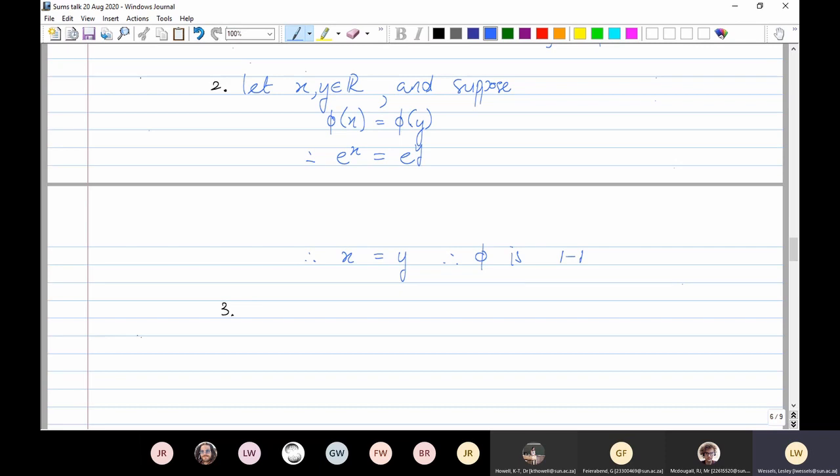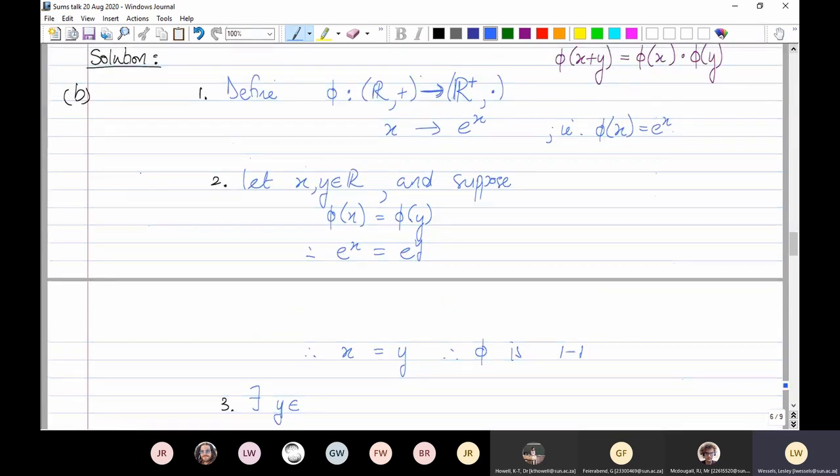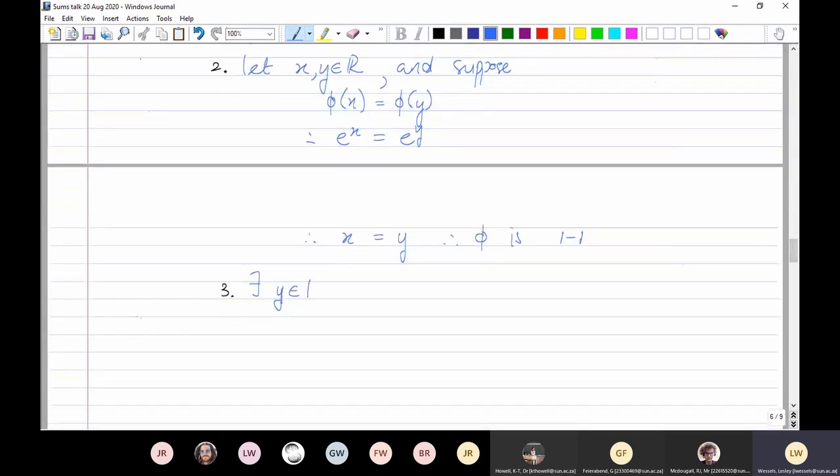So we want to show that for all y in R plus, there exists an x in R such that phi of x is equal to y.